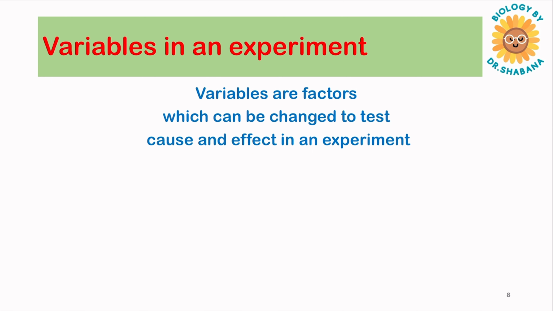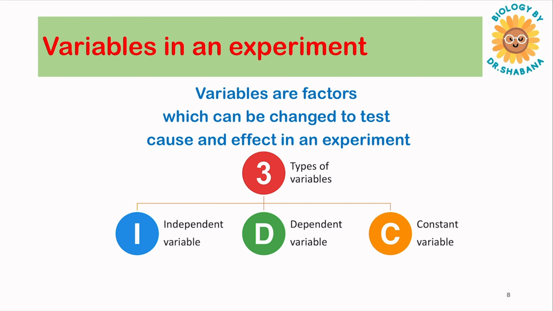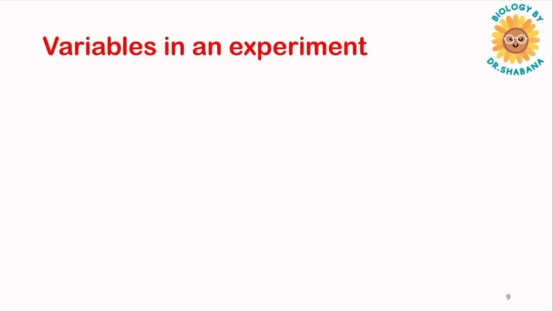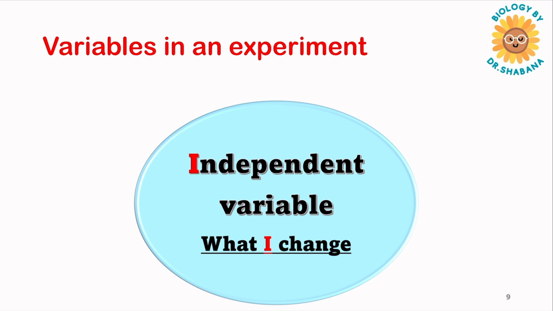Variables are of 3 types: independent, dependent, and constant. Now what does each stand for? First is the independent variable, which I have labeled I. This is the thing that I will adjust at the beginning of the experiment. For example, I want to see the effect of temperature on the rate of a reaction.